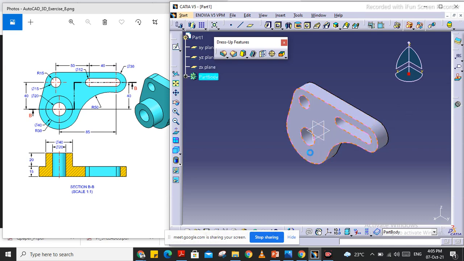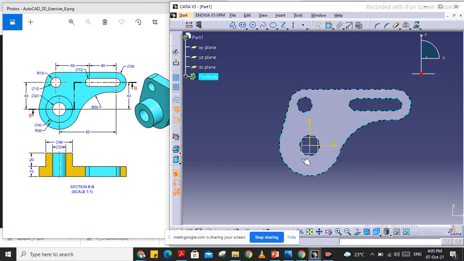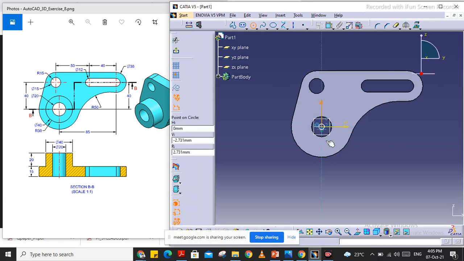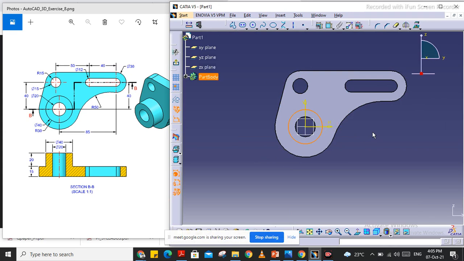Now I will select this plane and again go to the sketcher. Right now here I will draw the same. I need to have a concentric circle, so I have just drawn this and I will make what we can call the concentric circle.